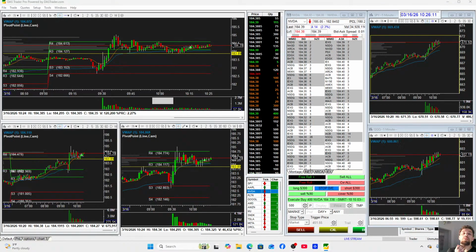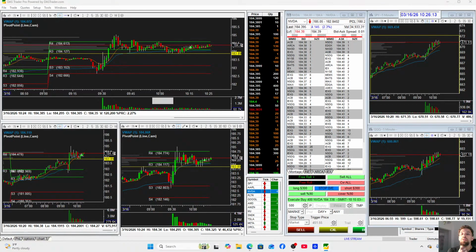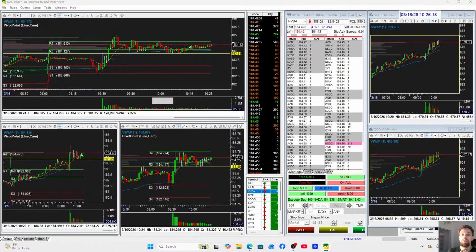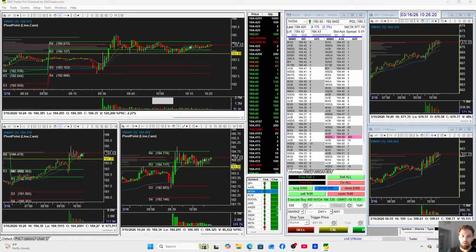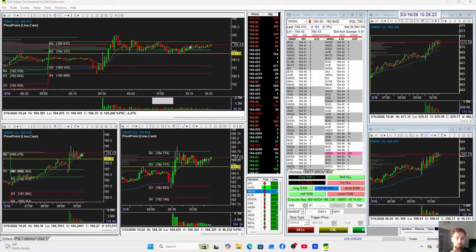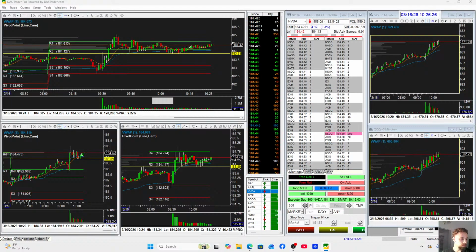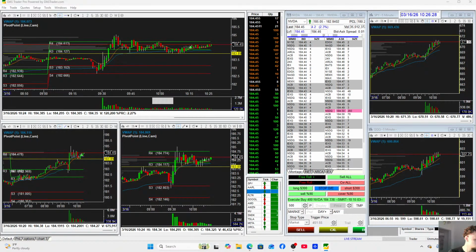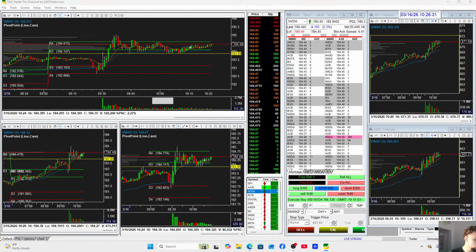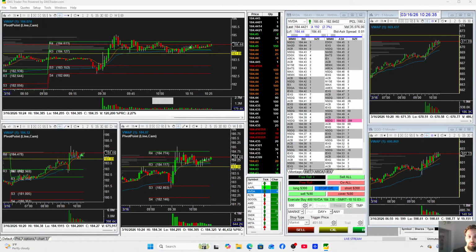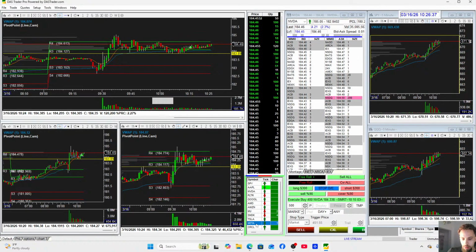Still just watching here. 184.5 looking to get filled. 185 has 100,000 shares. Just waiting to see if buyers are going to step in at any point. Taking their sweet time here. What's Meta looking like?